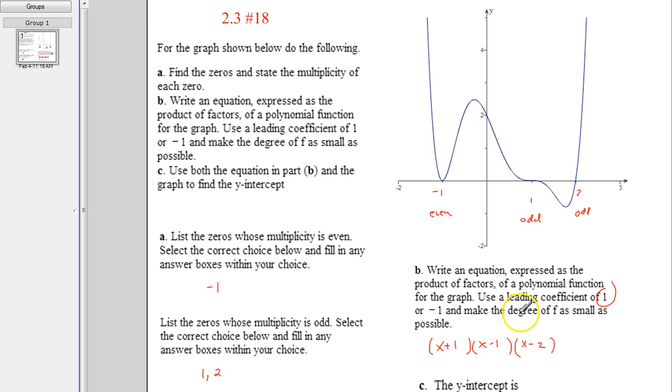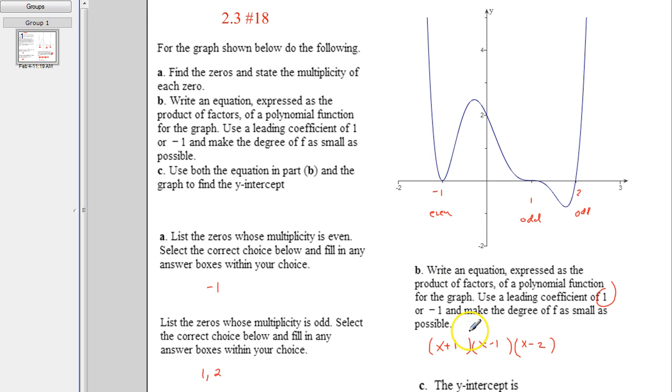Now it also says make the degree of f as small as possible. This is where the multiplicities come in. Here it turns and touches. So the smallest possible thing it could do here, because it's turned and touching, is a 2. If it came down sharper and opened a little bit wider but still touched, then possibly we could say 4.